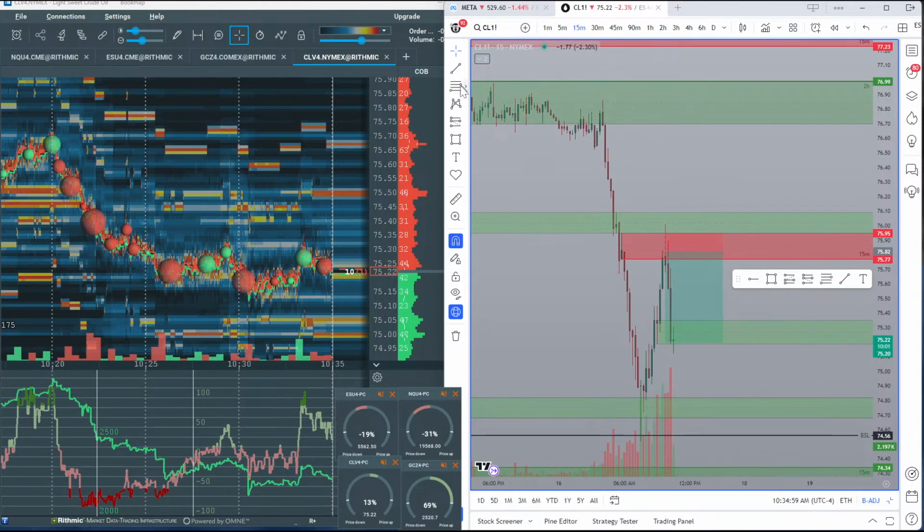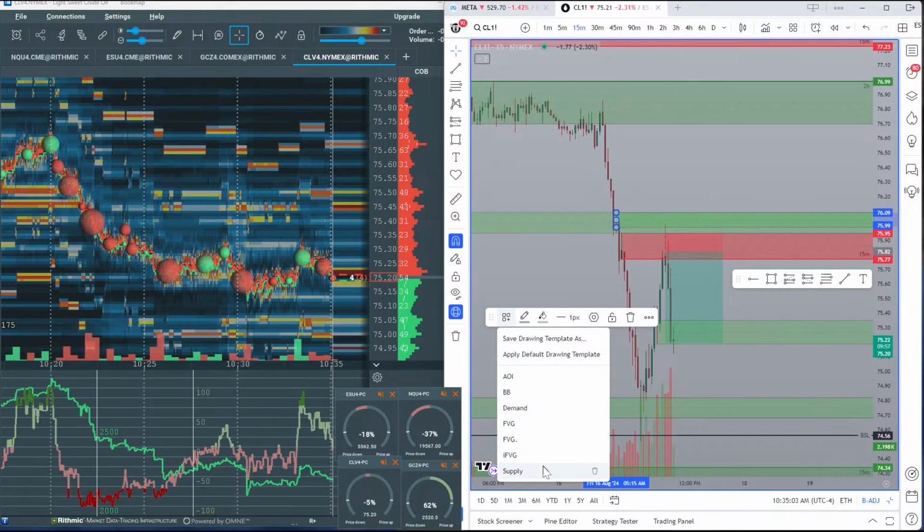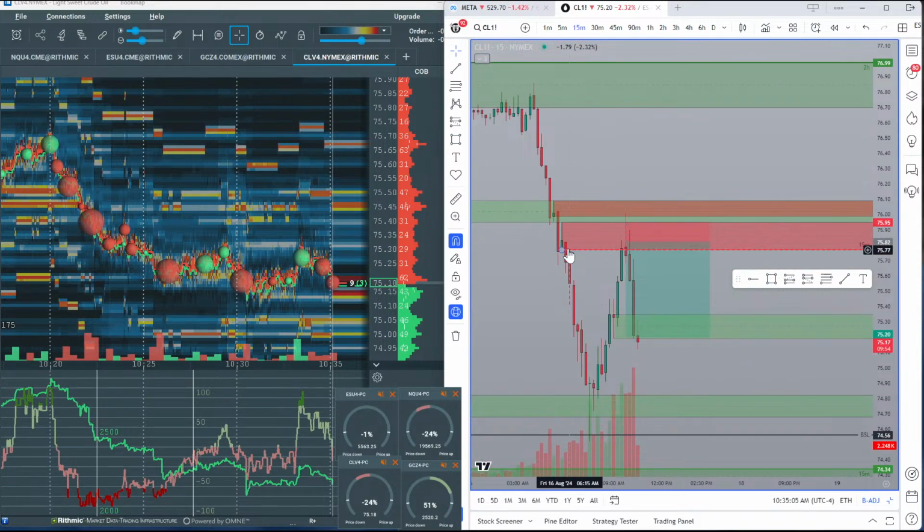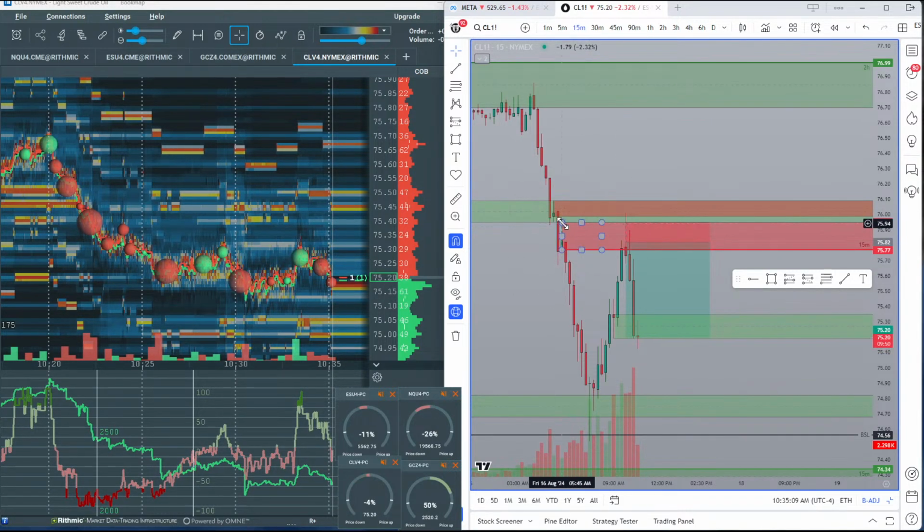Oh, you know what? We did have another 15-minute supply right there on crude. Now this one, the reason I marked this one out is because we had the drop after and the continuation. This one would have been pretty good because it was right above that.